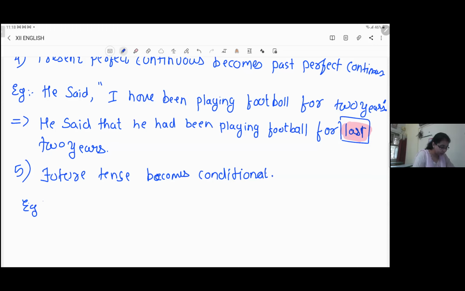He said, conditional means he will play. It's like that. See this. What will be the sentence of the same in future? Write down. He said, I shall play football next year.